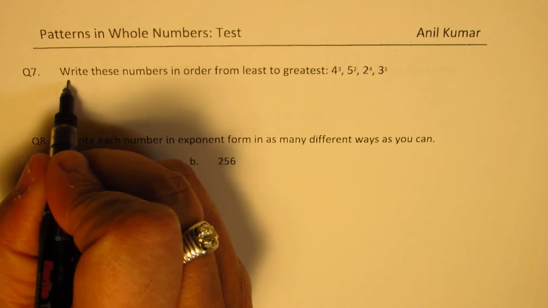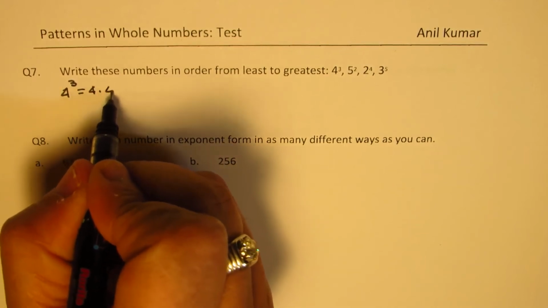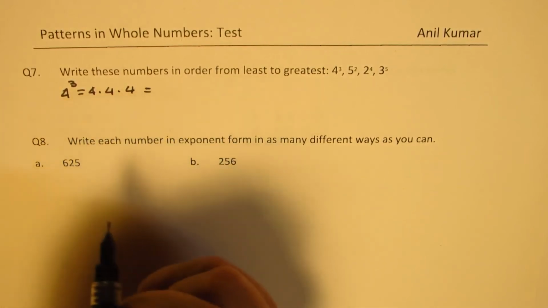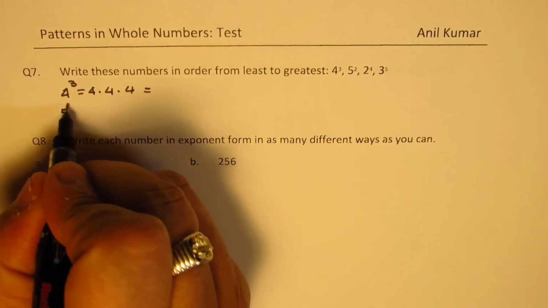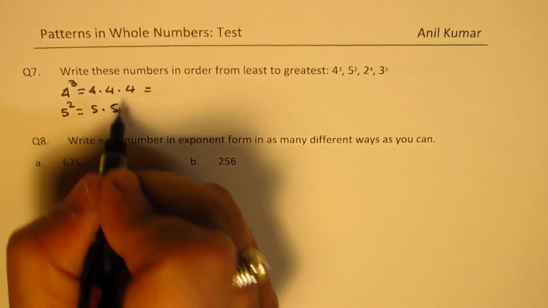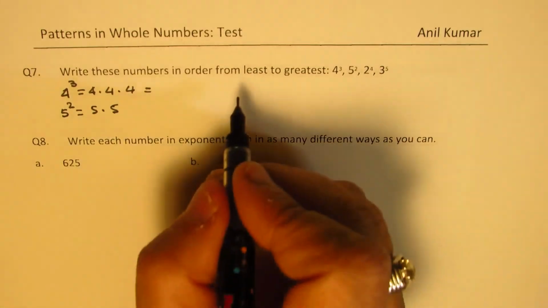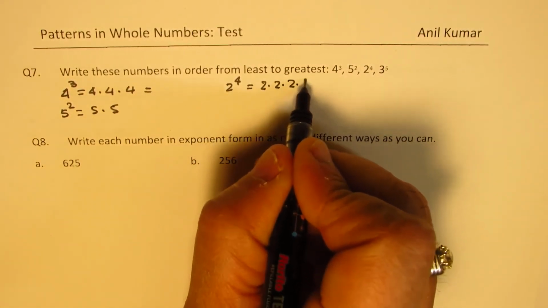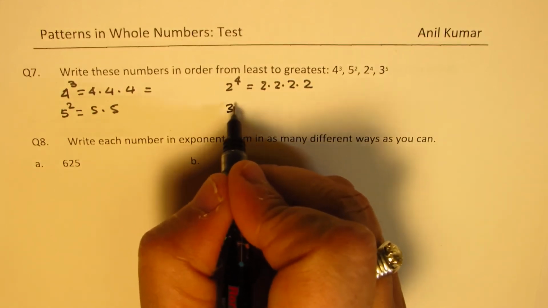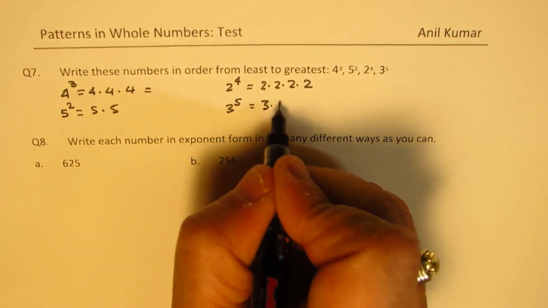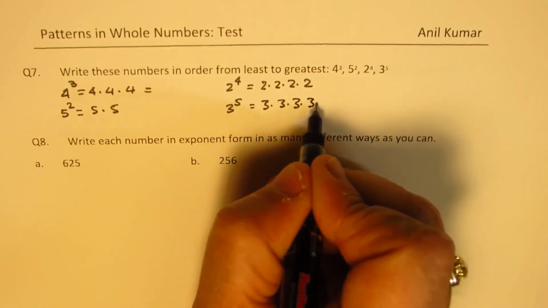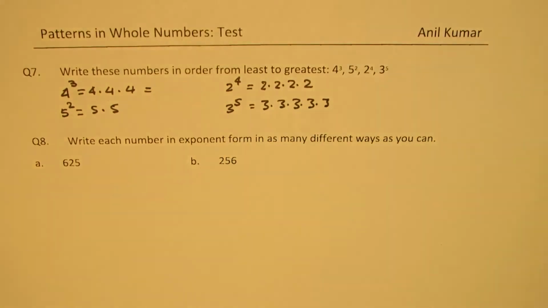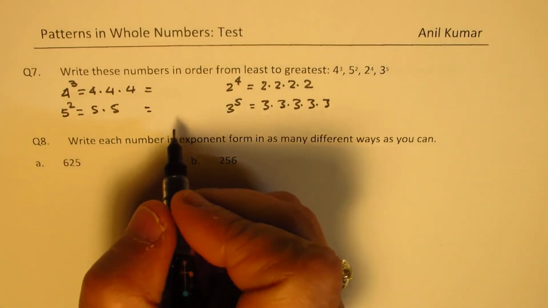So 4 cube is 4 times 4 times 4. 5 square is 5 times 5. 2 to the power of 4 is 2 times 2 times 2 times 2. And 3 to the power of 5 is 3 times 3 times 3 times 3 times 3. You need to calculate these values, and once you calculate, then you can easily answer this question.